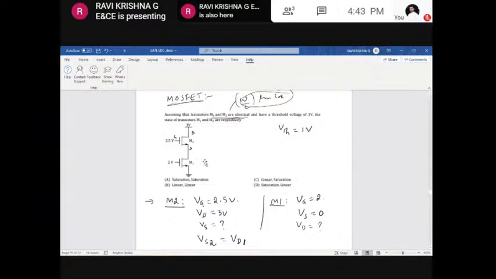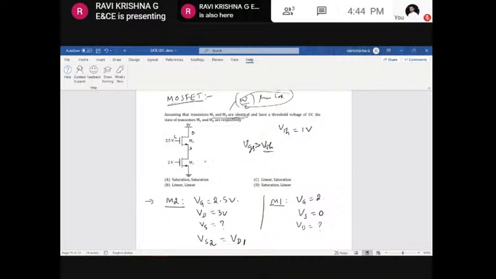Now let us find whether any one of the MOSFETs is in the cutoff region. It is not given here. If you look at these options, the cutoff region is not at all given, because in all these cases VGS is going to be greater than VTH. This condition is satisfied by default, because if you look at this gate voltage and this gate voltage, it is greater than the threshold potential.